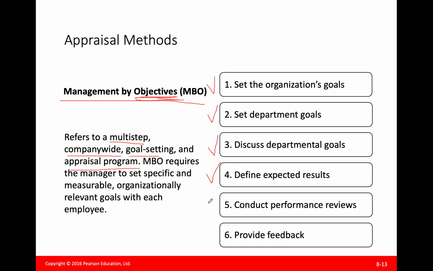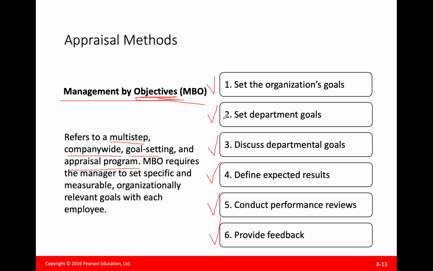And then when we have the performance outcomes, we conduct the review and then we provide feedback. So MBO requires the manager to set specific, measurable, and organizationally relevant goals with each employee.